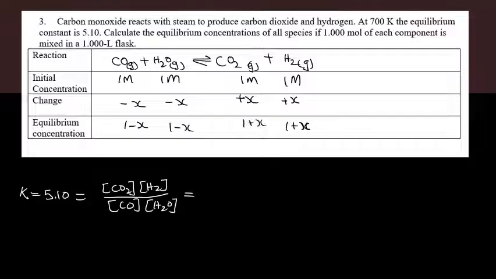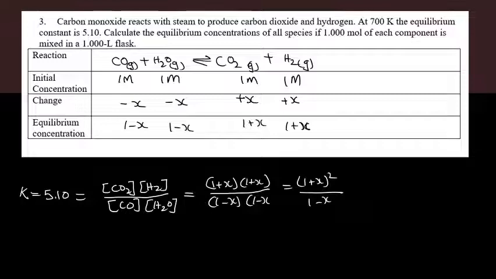Now I can substitute the equilibrium concentrations I have written. So that is 1 plus x times 1 plus x divided by 1 minus x times 1 minus x. So that equals (1 plus x) to the power 2 over (1 minus x) to the power 2.